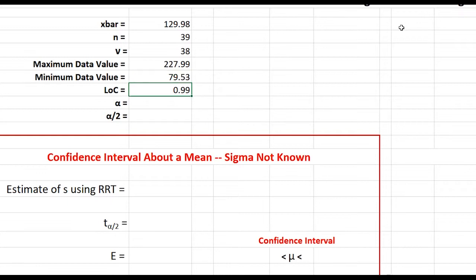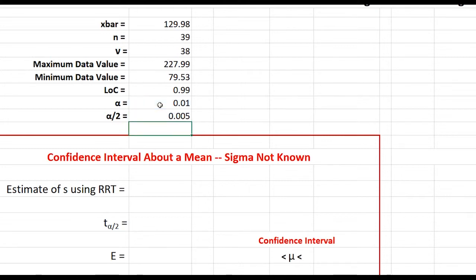I know that they gave us alpha, but I always type in the level of confidence and I let the spreadsheet itself do the rest of the work. So alpha is equal to 1 minus whatever my level of confidence is. And alpha over 2 just equals my alpha divided by 2.